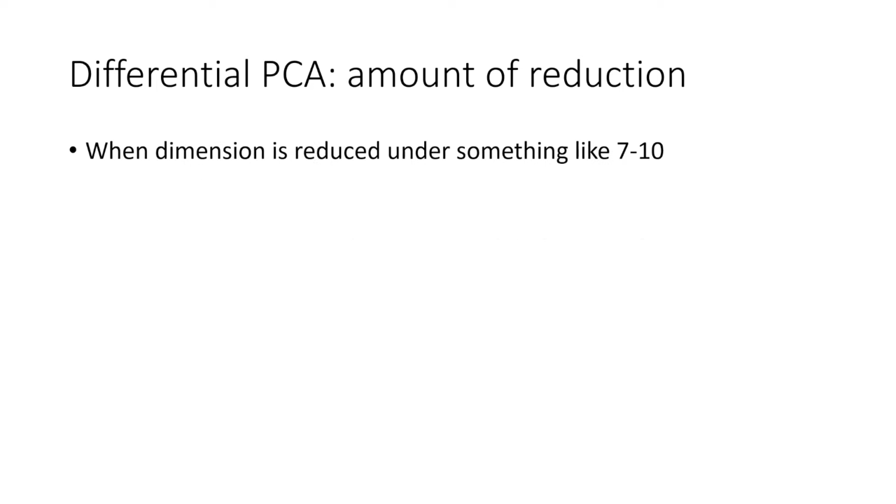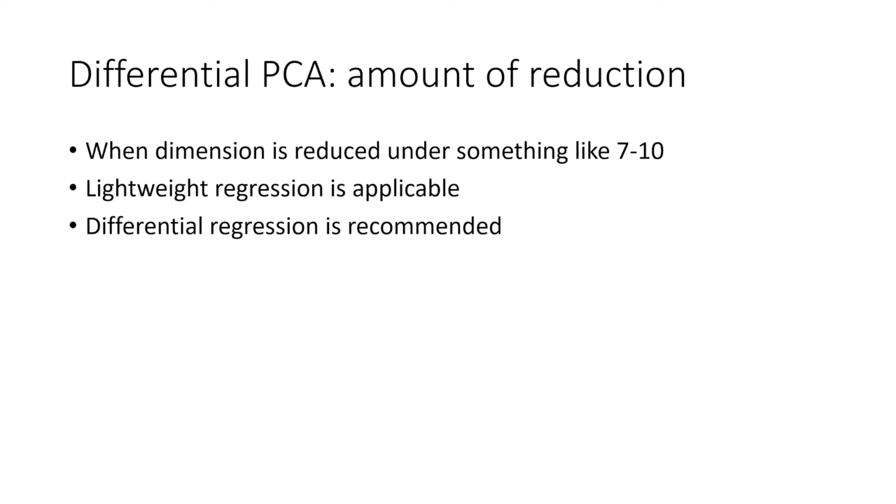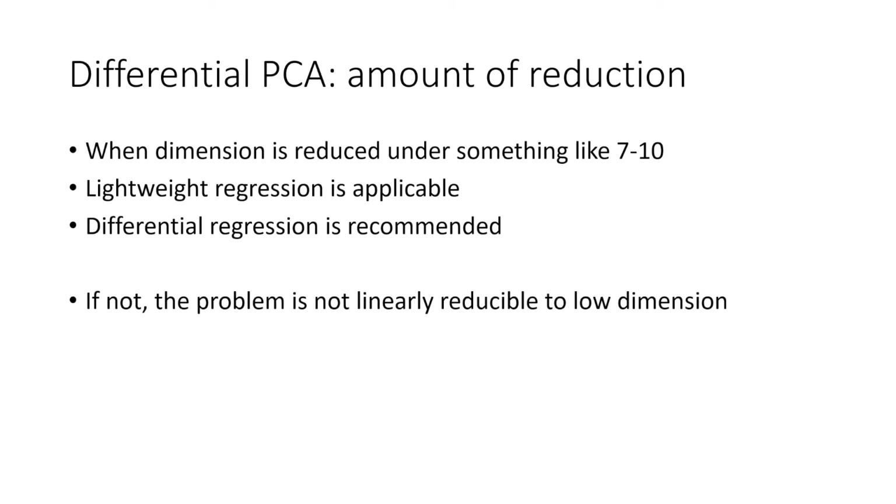Whenever dimension is reduced under something like 7 to 10, lightweight regression is applicable, and differential regression is the recommended tool, especially since differential data is already available from the differential PCA. If not, differential PCA tells you that the problem cannot be linearly reduced enough to enable regression.